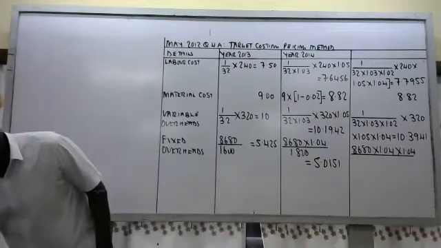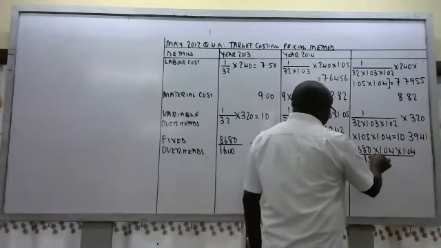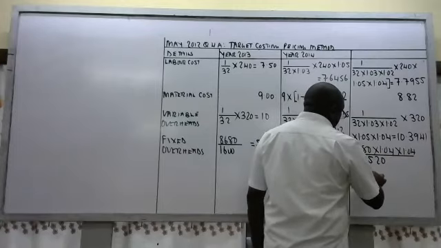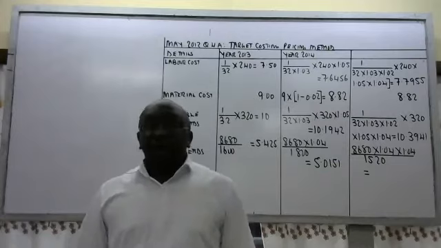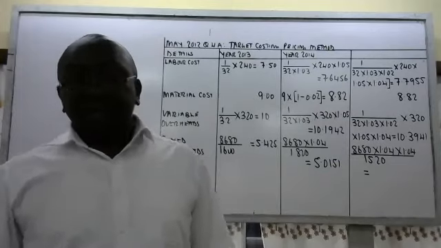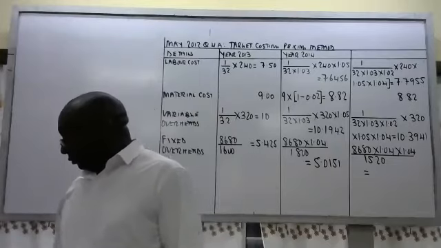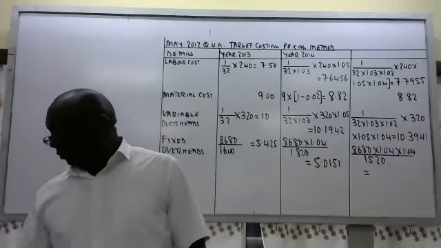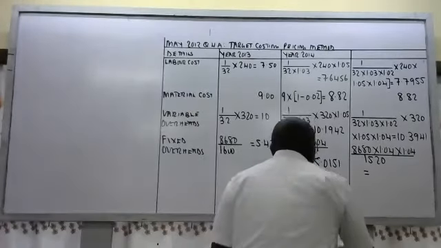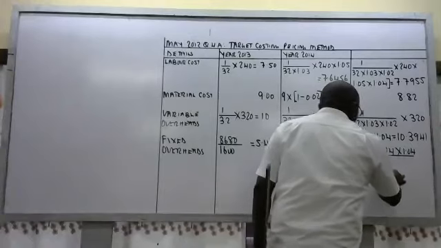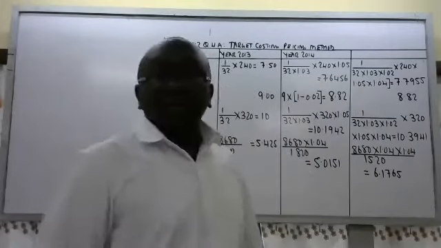You divide by 1520. That gives $6.1765. Good.